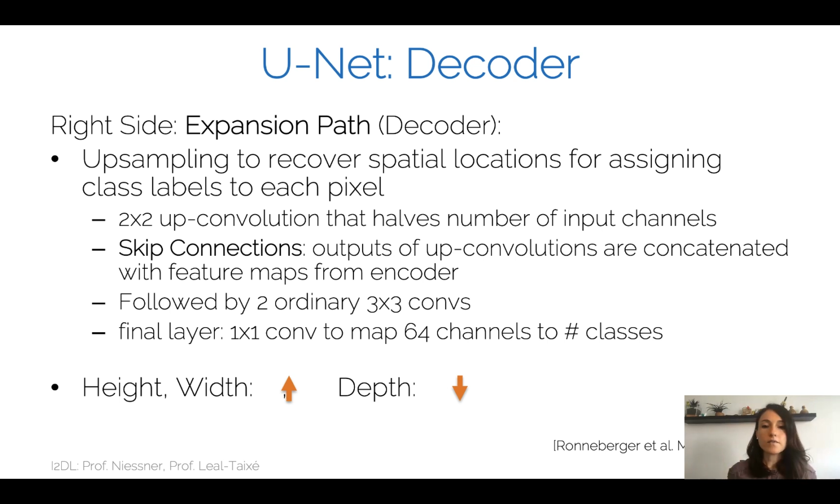And finally, of course, what you want is to have a map which is h times w times the number of classes. So for each pixel, you want to have a semantic representation. In this case, we have 64 channels, we have 64 classes, so we can assign to each pixel one of these 64 semantic classes. And you do this with a final 1x1 convolution.